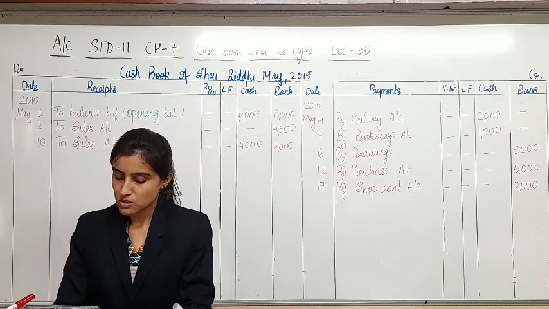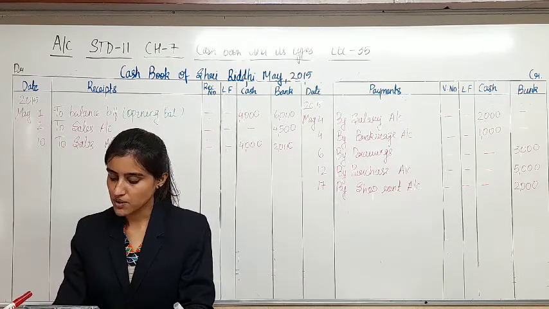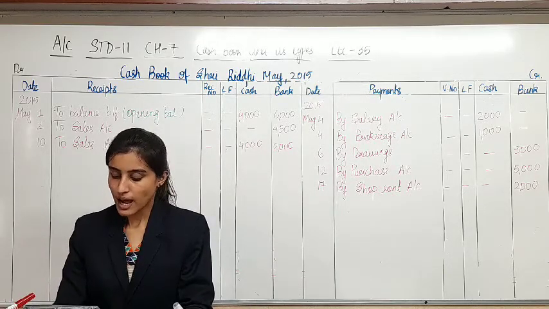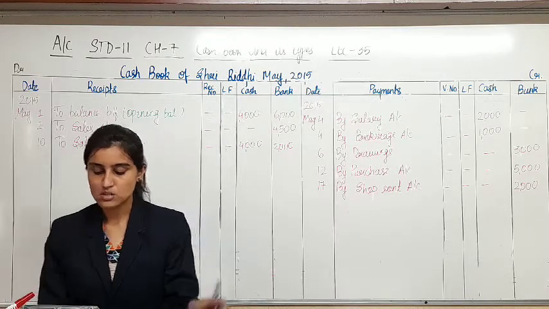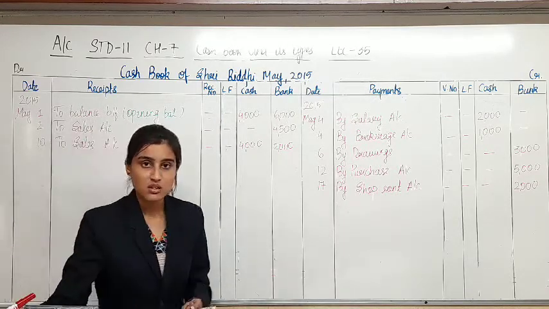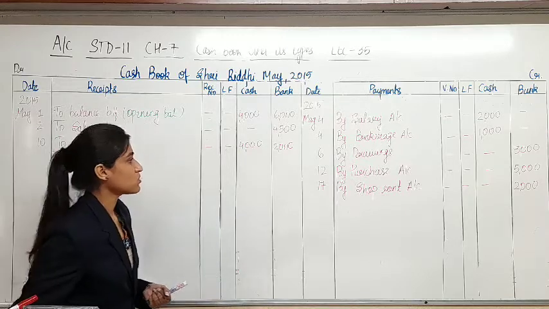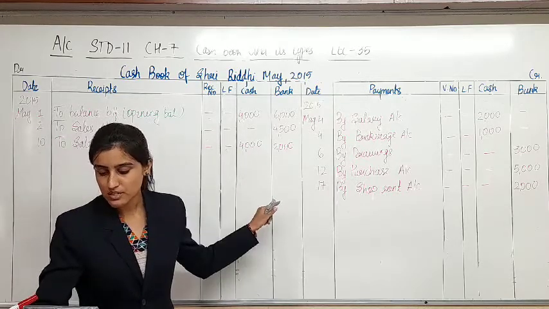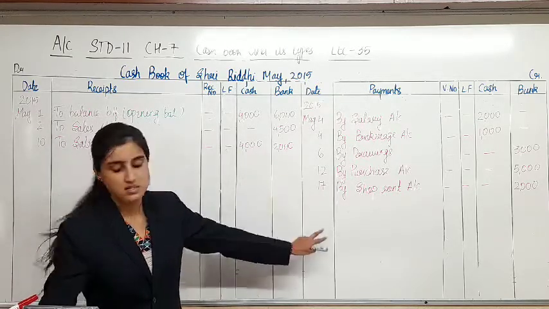21st of May, goods of rupees 4,500 purchased in cash at 10% rate discount. Goods have been purchased, so one thing is for sure, that you are going to pay the amount. So this transaction will be recorded on payment side.